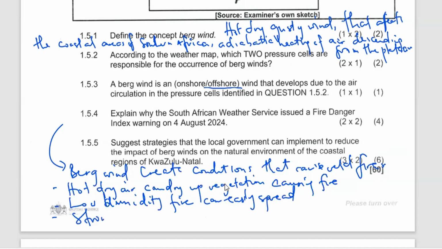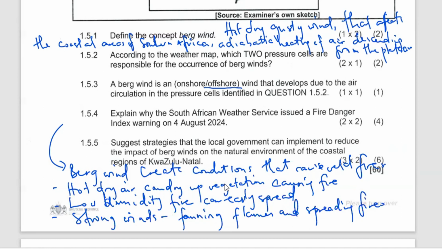We said it has gust winds, which are strong winds. And strong winds have the capability of fanning the flames and spreading fires rapidly. So those conditions associated with the Berg winds facilitate the development of wildfires.